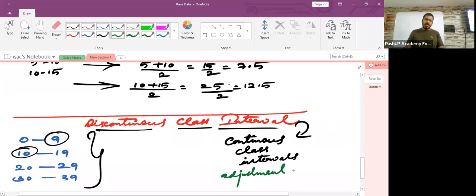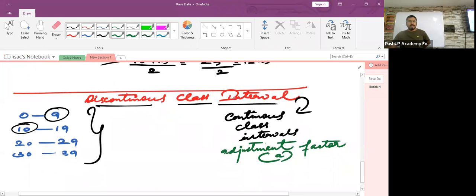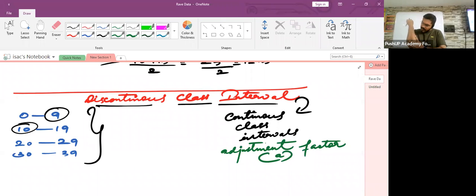There is a term called adjustment factor, and that adjustment factor is usually denoted with small letter a. Can you please make a note of this? Conversion of discontinuous class interval to continuous one by using an adjustment factor, which is small letter a. Note it down.